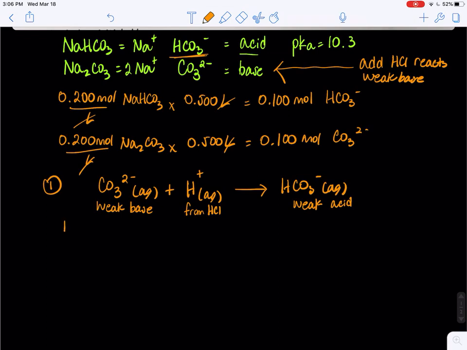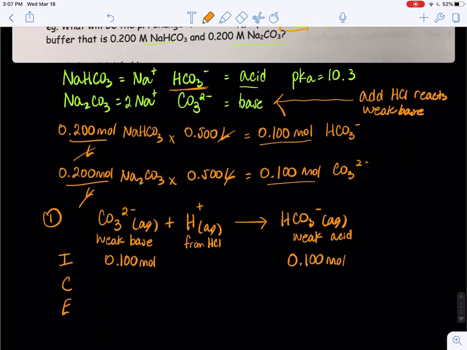And we want to set up our ice table here. And the initial amounts, we want to grab our 0.100 moles or 0.100 moles.